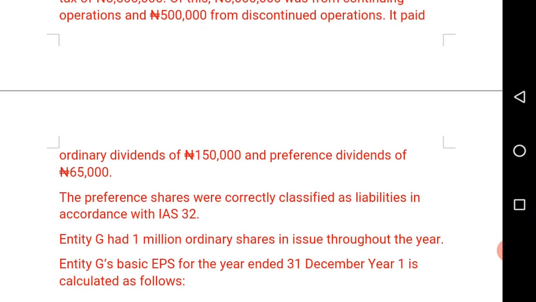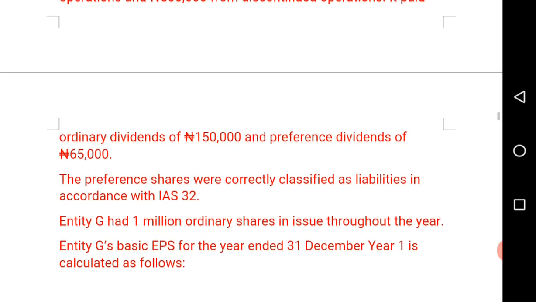Then it already paid an ordinary dividend. We don't need that because we are looking for the general figure attributed to ordinary equity shareholders. So that's what they gained. They paid part, but in total they still get more. And a preference dividend of 65,000. Now the problem here is we have to know what classification according to IAS 32 the preference dividend is.